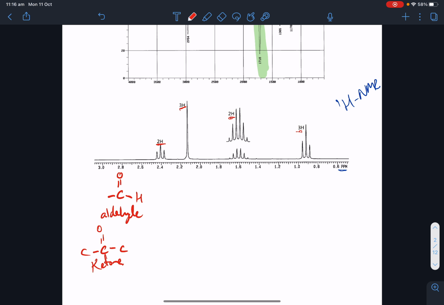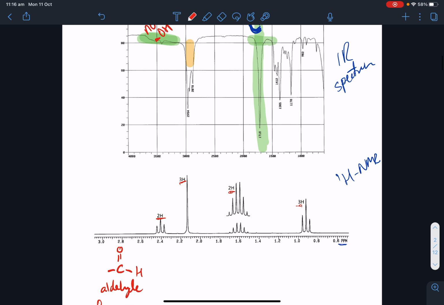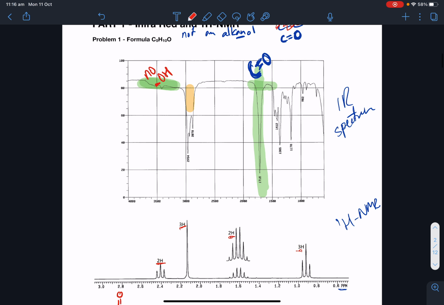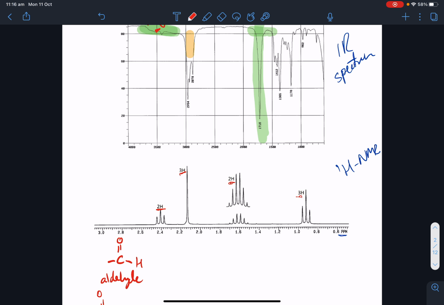If this was an aldehyde, all of the carbons would have hydrogen environments associated with them. You'd have a hydrogen environment with an integration of 1 for an aldehyde as well.